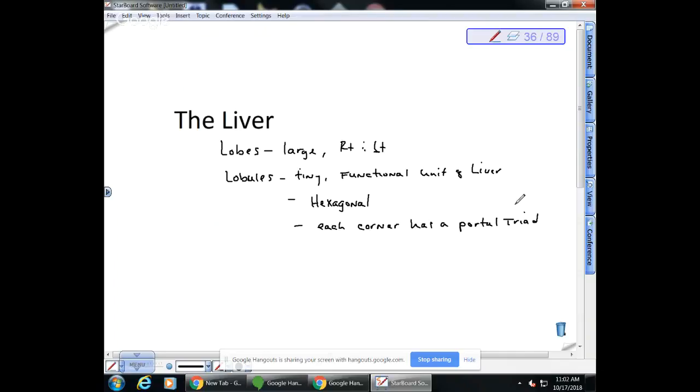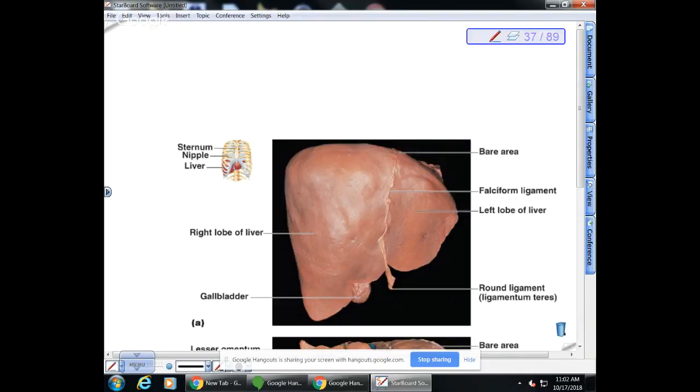Okay, so these are vessels. We have what is referred to as the portal artery. And let me look at your diagram, because some of the diagrams say something different.